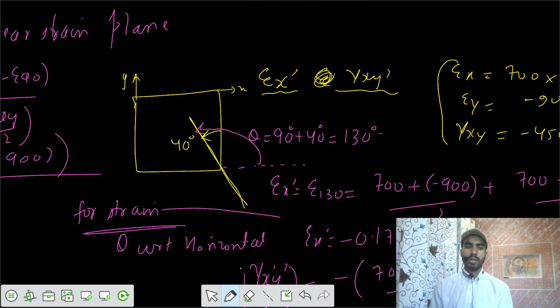That means we have some plane making an angle of 37 degrees. So this is some plane that we can say is your gamma max in plane.